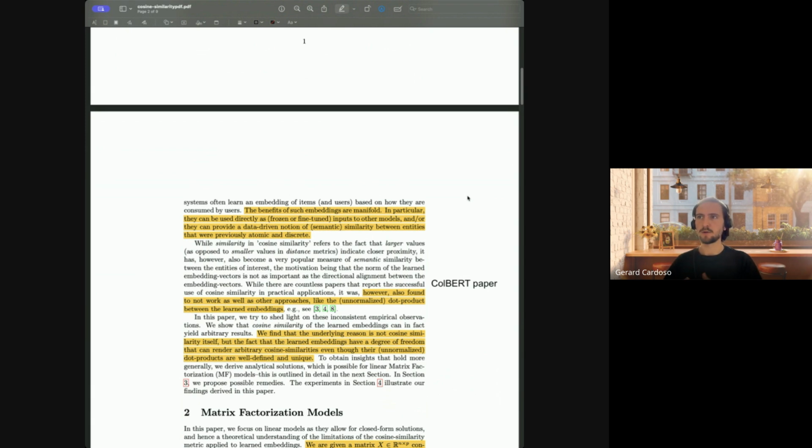Often when you train these recommender systems, it creates embeddings of the items, in this case TV shows or films, and then the users of the product. You can then use these embeddings to understand the similarity between users and similarity between items, and also affinity between users and items.